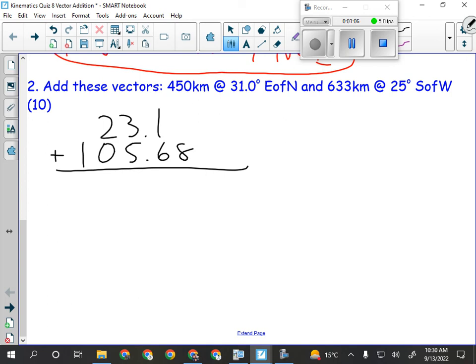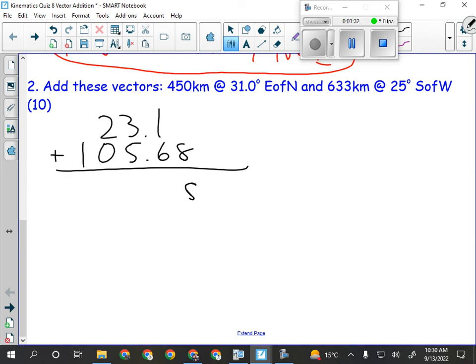Those are all measured values. Every single number in this number is a measured value. But when I add these two numbers together, I can only be as accurate as this number here, agreed? This one was only measured to the 10th place. This one was measured to the 100th place, but because I don't have a number here, there's uncertainty in that number when I do the next operation.